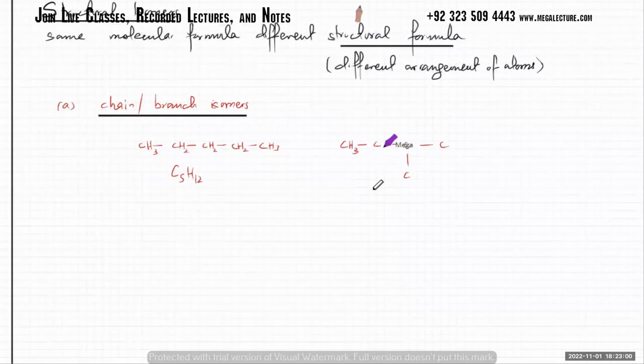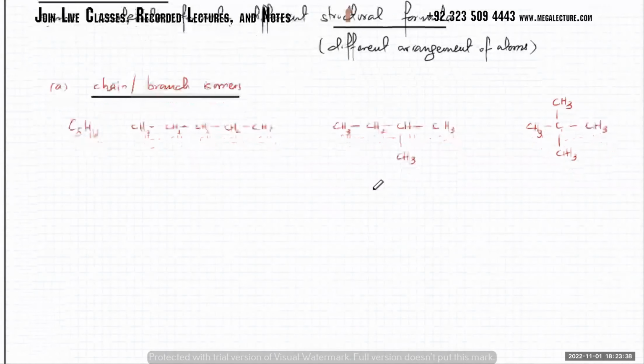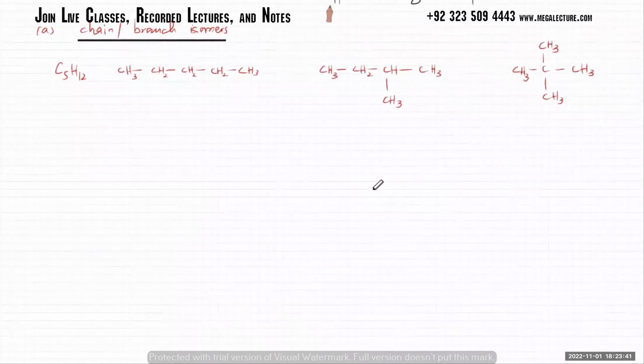So 3 hydrogens, this is 2 hydrogens, this is 1 hydrogen, this is 3. और यहाँ पे भी 3 है. ठीक है, so that's a rearrangement of the carbon chain. अच्छा, और फिर आपके पास you could have another one, which is that the 5 carbon atoms could be arranged in this way. And that's still an isomer. So these are the 3 branch isomers. So general idea आपको पता होगा कि that's what branch isomerism is.